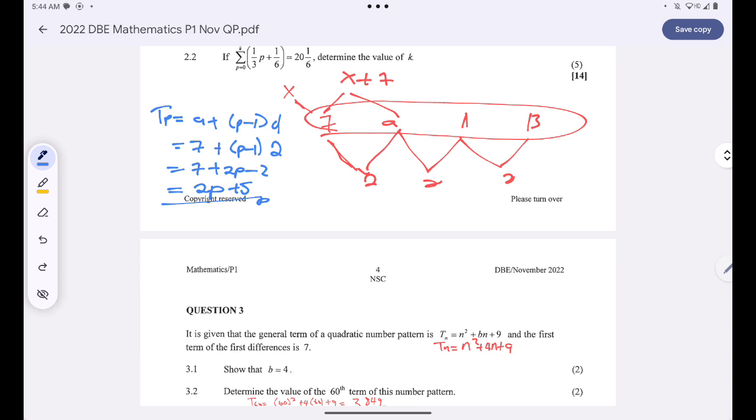So I want to know the position of 157 in my first difference sequence. So when I take the 5 to the other side, I'll have 152 is equal to 2p. Therefore, p is equal to 152 divided by 2.